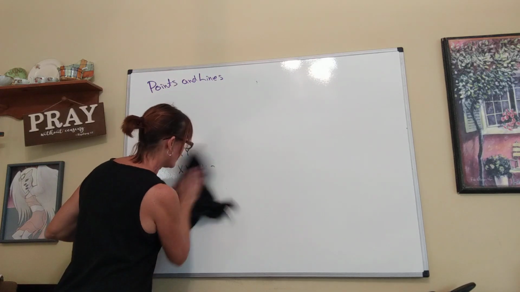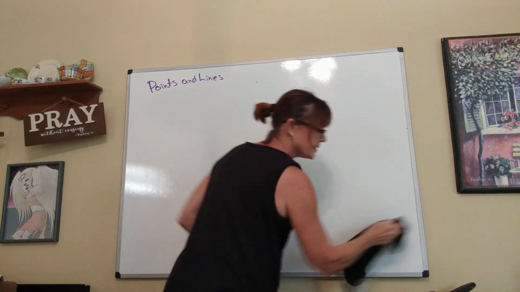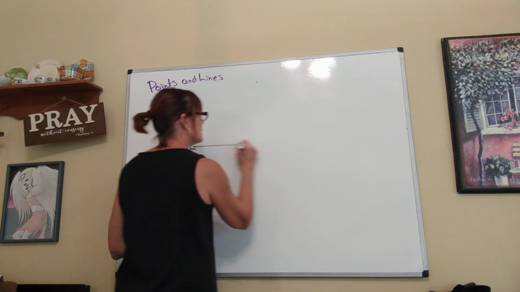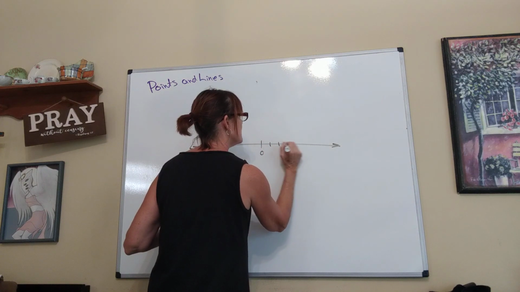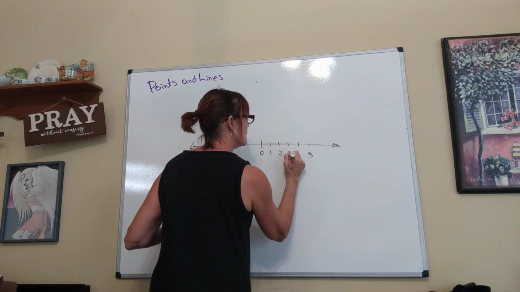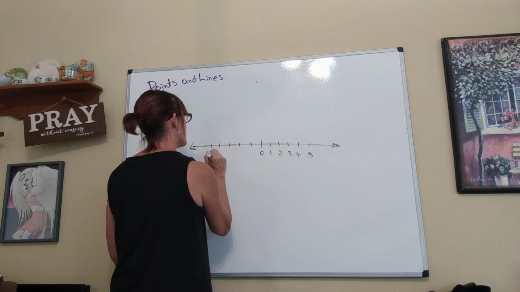So if we just look at the X axis, which is just a number line, right here, I think this is 0 and 1, 2, 3, 4, 5. This is -1, -2, -3, -4, -5.